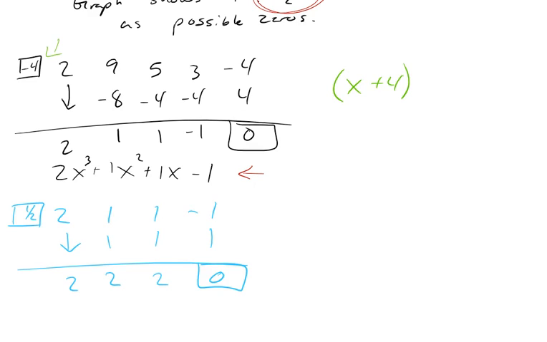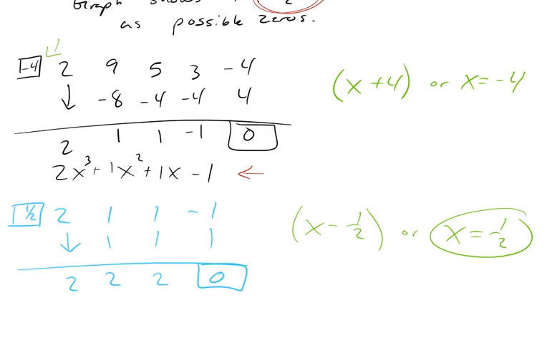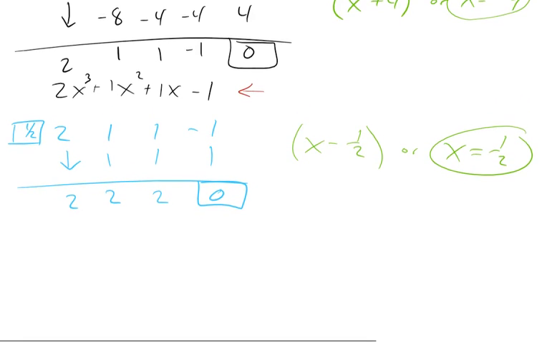It's the opposite of what's in the box. This one here gives me x minus 1/2. I'm going to put x equals 1/2 as a solution, or x equals -4 as a solution. So then I'm left with this.